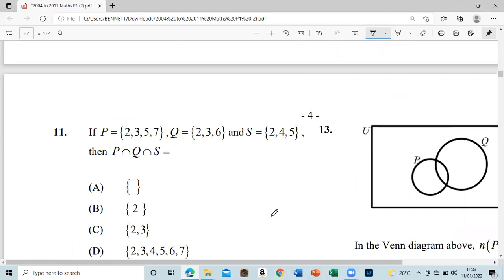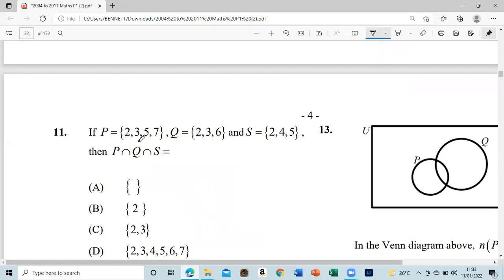If P is equal to {2, 3, 5, 7}, Q is equal to {2, 3, 6}, and S is equal to {2, 4, 5}, then P intersect Q intersect S is equal to, now intersection means what is common. So we're going to look at what number is in P, is in Q, and is in S. It's in all three.